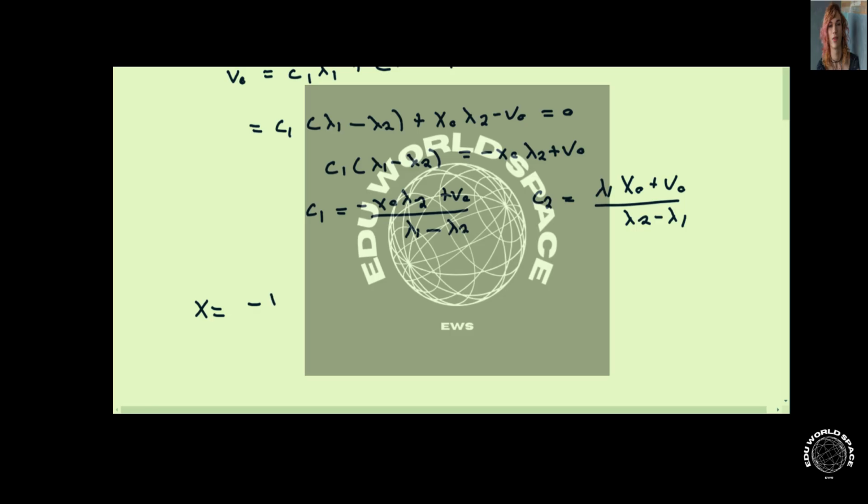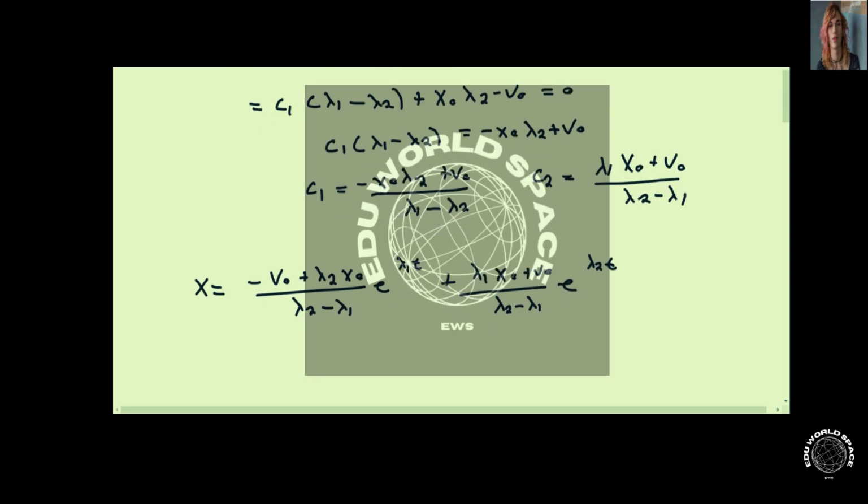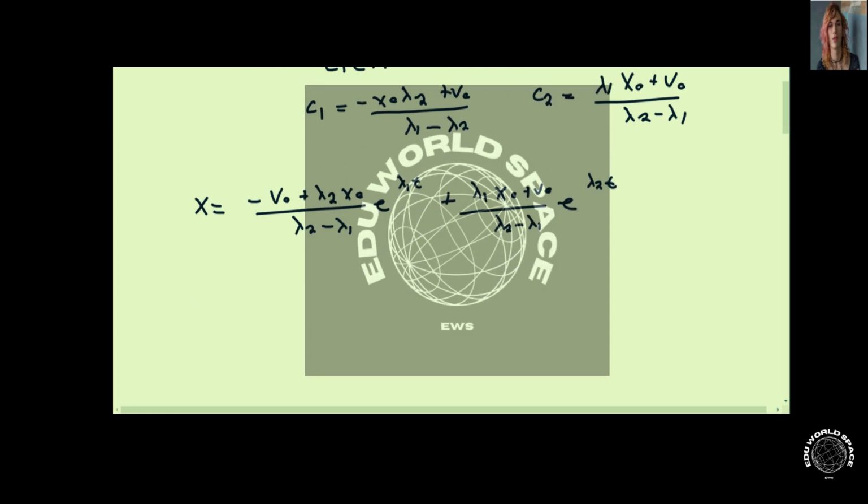So here we have negative v naught plus lambda 2 x naught over lambda 2 minus lambda 1 times e^(lambda 1 t), plus lambda 1 x naught plus v naught divided by lambda 2 minus lambda 1 times e^(lambda 2 t), my bad.